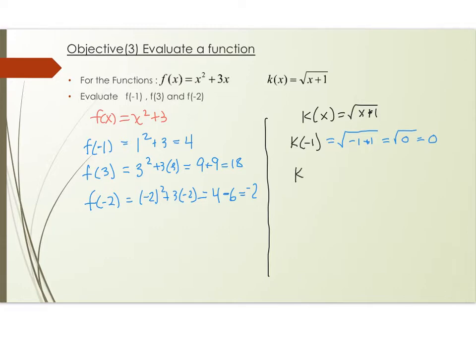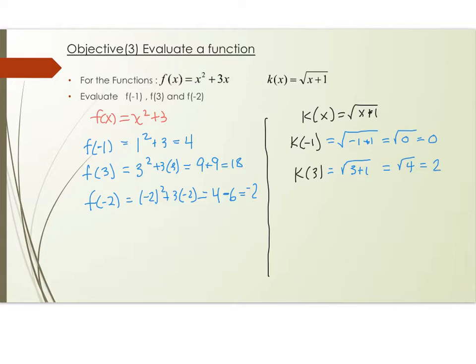So we now have k of 3, and we get the square root of 3 plus 1, which is equal to the square root of 4, which is equal to 2.